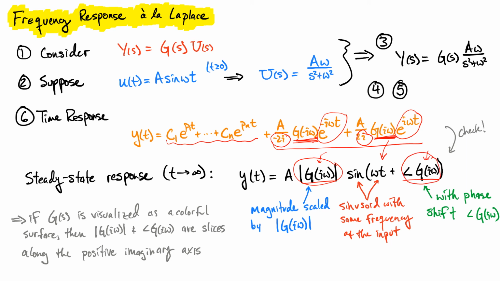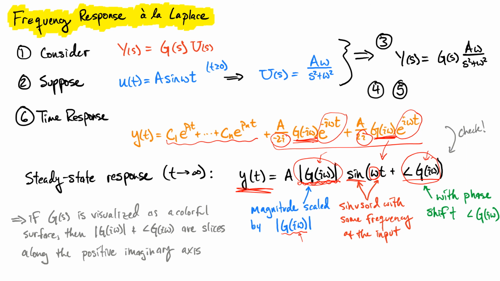And what we get then is that the steady state value of the output is a sinusoid at the same frequency as the input. That's exactly what we discovered from the state space point of view, and it's scaled by some amount that's driven by the magnitude of the transfer function G evaluated at i omega.